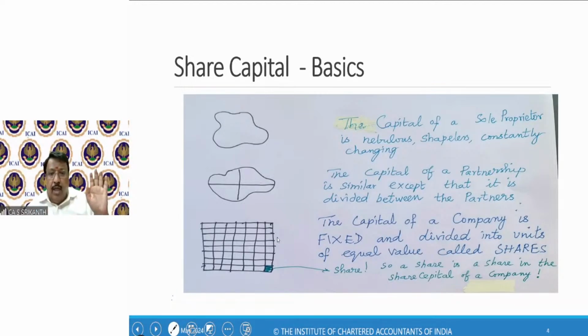That is all. Otherwise, the creditors have to only look at the balance sheet of the company. Whatever assets are mentioned in the balance sheet, only those are available to the creditors. That's why all assets of a company should be held in its name and reflected in the balance sheet of the company. There should be no asset belonging to the company which is not in the name of the company, right?